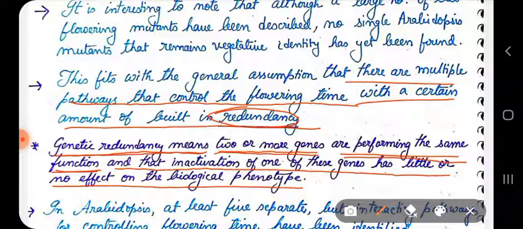So this concludes that there are multiple pathways which are controlled by multiple genes and they are interacting with one another for flower development. Even if a single mutation occurs in one of the flowering time genes, no problem, other flowering time genes are there which are used in other pathways.